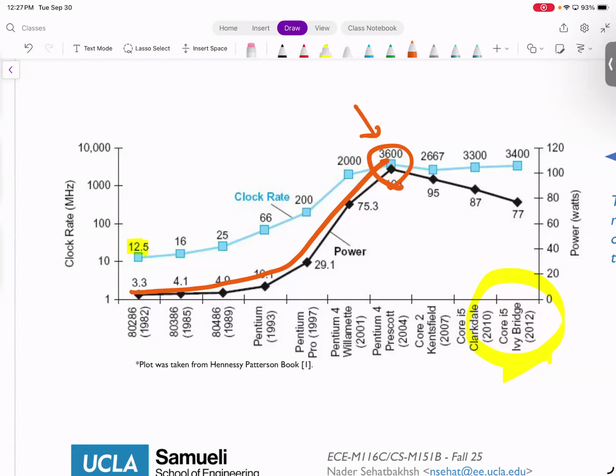The amount of heat generated on a piece of silicon was equivalent to a rocket nozzle. The bottom of a rocket nozzle was as hot as a CPU at 100% utilization. So you can imagine how bad that was. Unfortunately we couldn't go faster, so we started thinking about other techniques that we're going to talk about. Question?